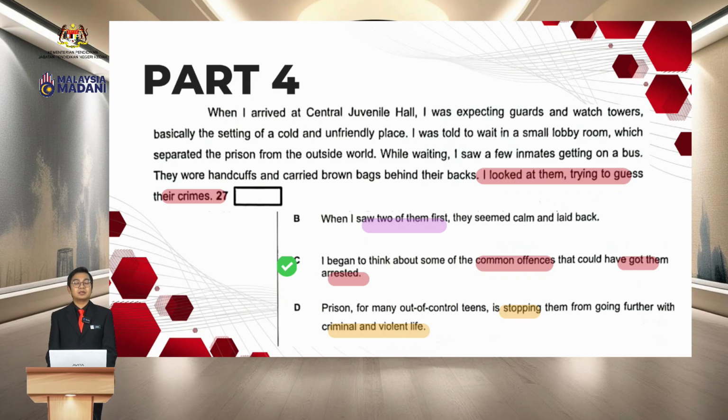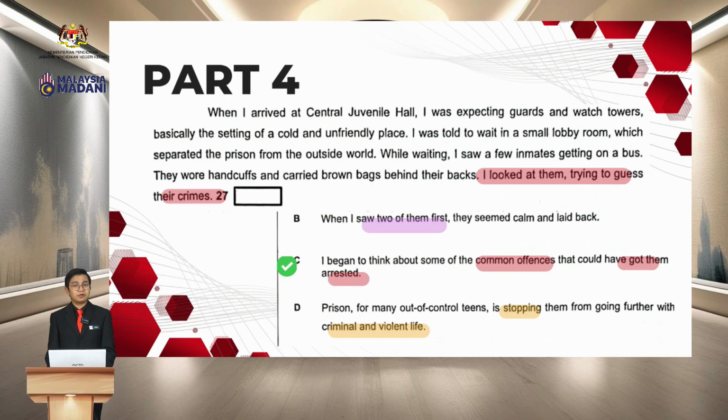Okay. Answer B and D are not suitable answers for this question because they do not fit in the paragraph. Let's see, in B: I saw two of them first, they seemed calm and laid back.